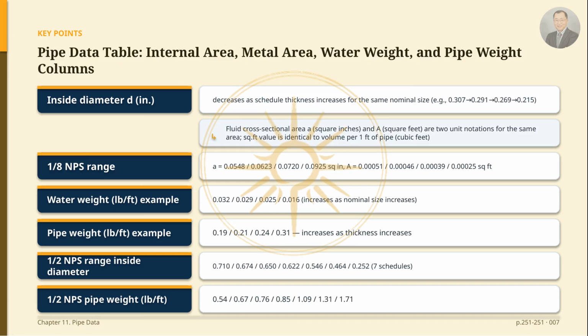Please note that the fluid cross-sectional area is distinguished and listed as small, in square inches, and large, in square feet. Please refer to the detailed values according to your design conditions, verifying the nominal size and schedule first before extracting the necessary physical quantities.